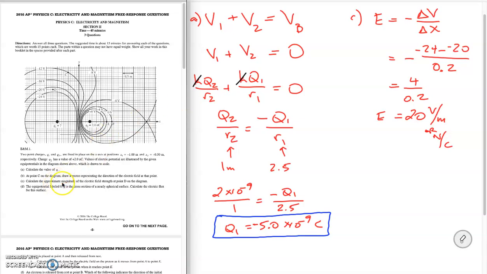All right, part D. The equipotential labeled 0, that's around point B that I used before. Calculate the electric flux. Okay, the electric flux is caused by charge enclosed inside a surface.